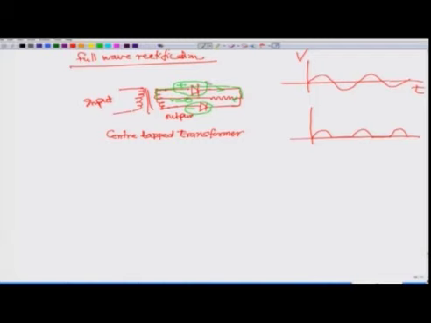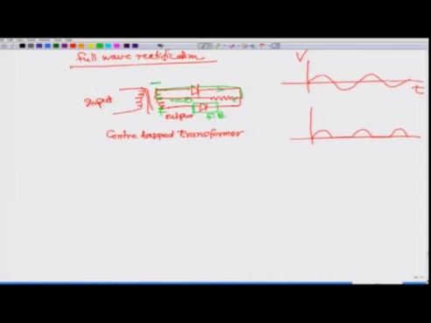When the upper point becomes negative and the lower point becomes positive, what happens? Suppose now this becomes positive and this becomes negative. This is V equal to 0 at the center and this is positive here. So, this diode is now forward biased, and this one is reverse biased, because this is negative, remember.